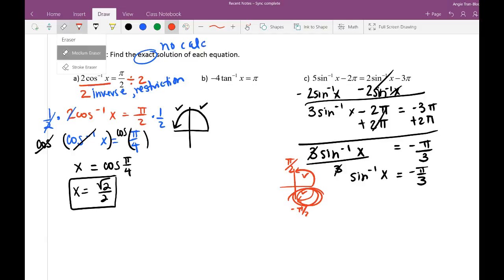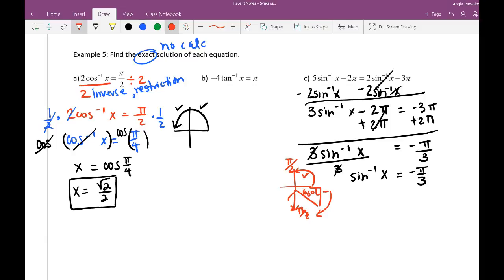Let me just draw a triangle out here. Do I expect you to know this from the unit circle? Yes, I do. But if you don't, I'm going to remind you how to find this answer. This is a negative pi over 3, which is in quad 4. Negative means you're going clockwise. Pi over 3 is equivalent to 60 degrees.